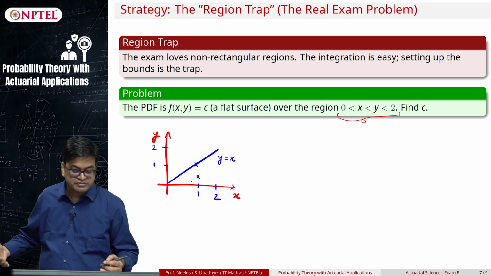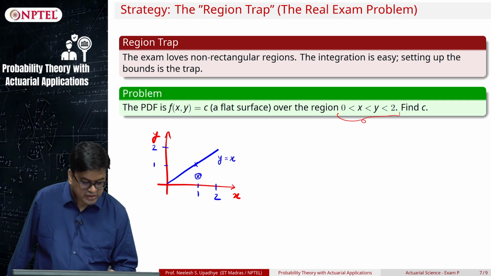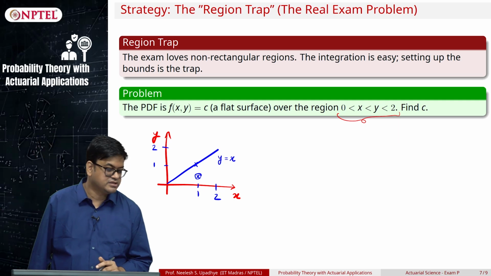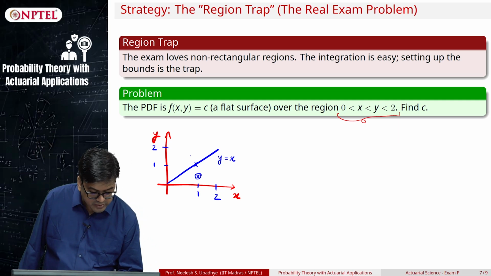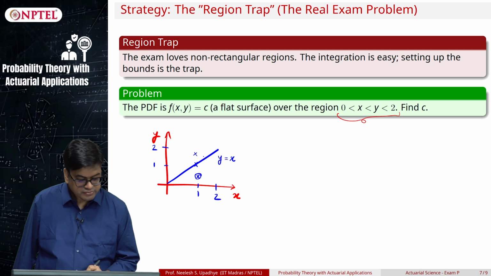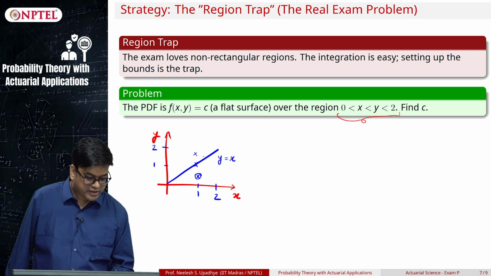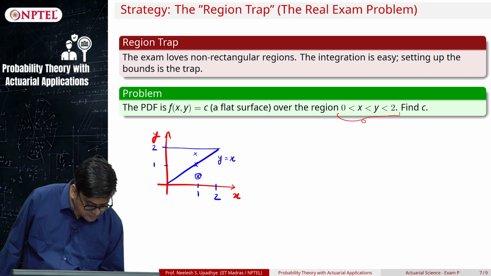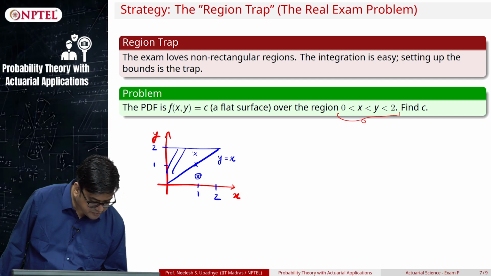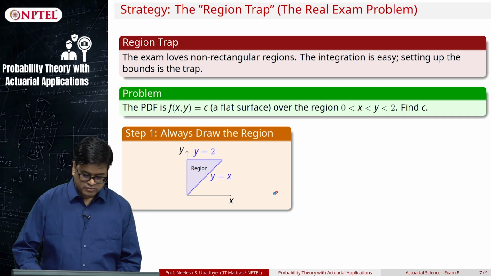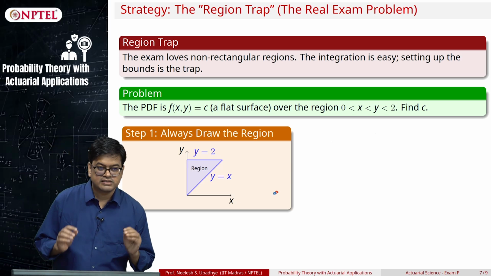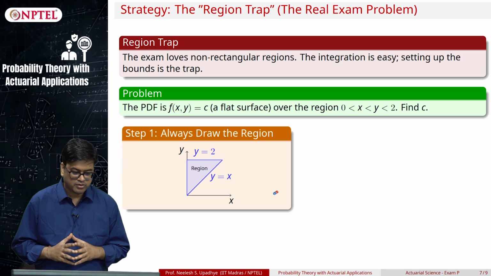It is 1. So, this point definitely does not qualify for this region. Okay. What if I choose a point over here? This point will qualify, that means the region of my interest must be somewhere here. So, once you identify the region correctly, your 80% of the problem is solved.